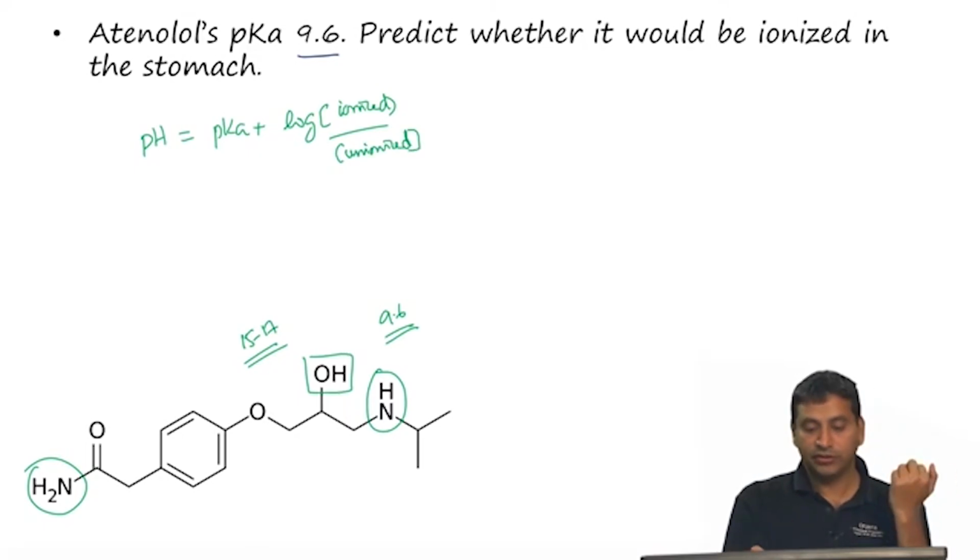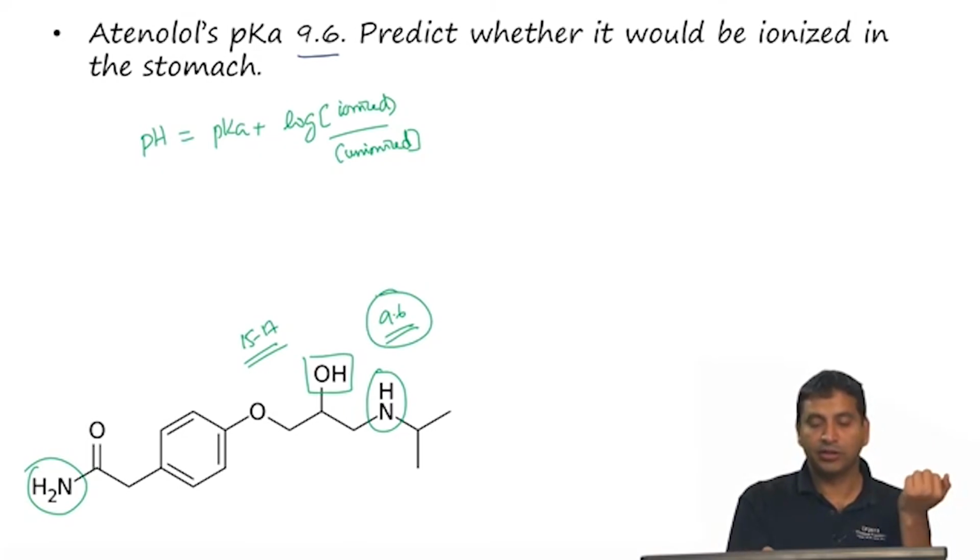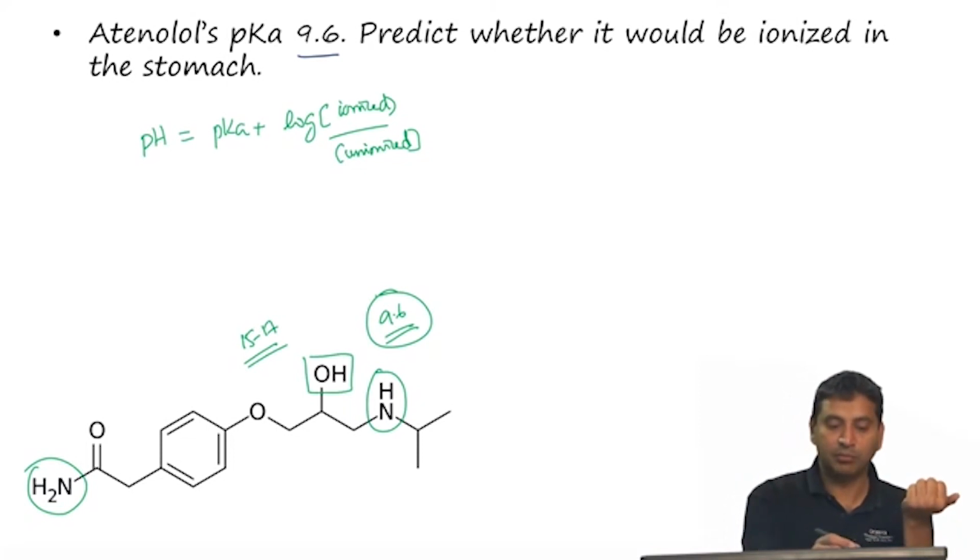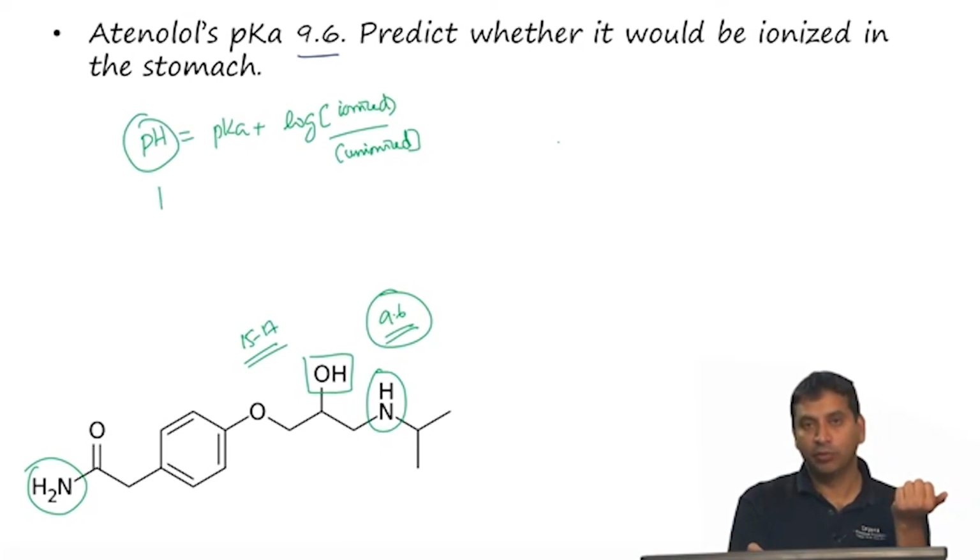Since the pKa is 9.6, we would expect that a substantial portion of this molecule is going to be in the protonated state, because the stomach pH of 1 is much more acidic, and therefore, it would be ionized in the stomach.